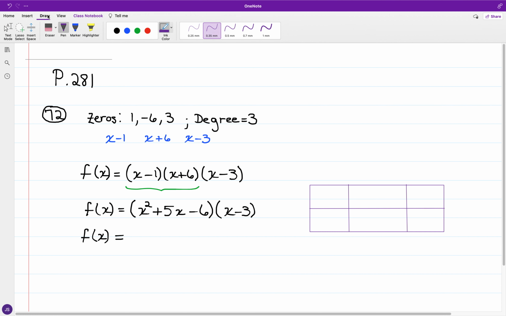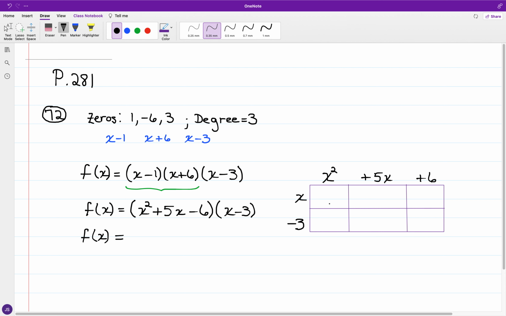For the column headings, we'll let these be x squared, 5x and 6, and for the row headings we have x and minus 3.